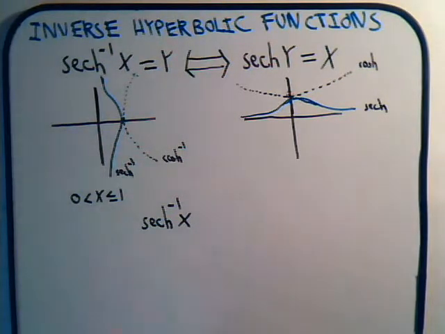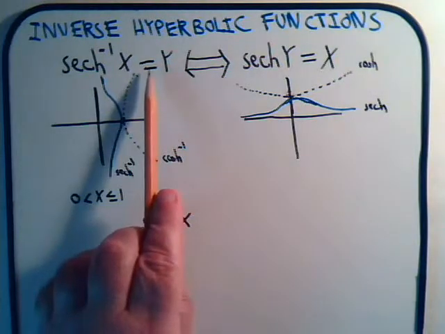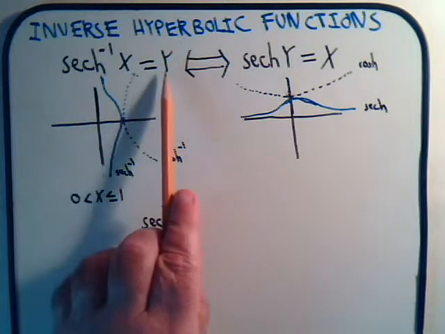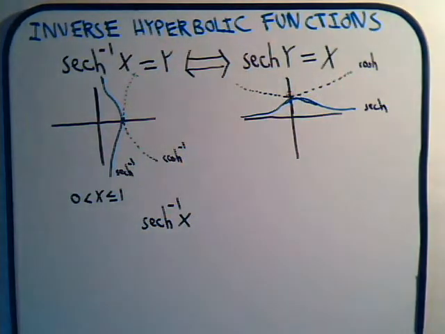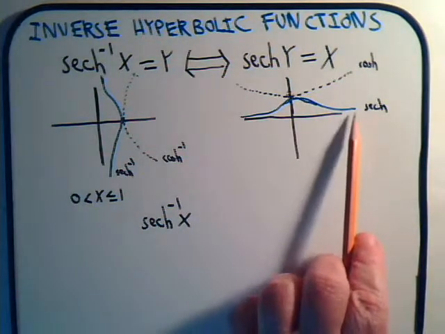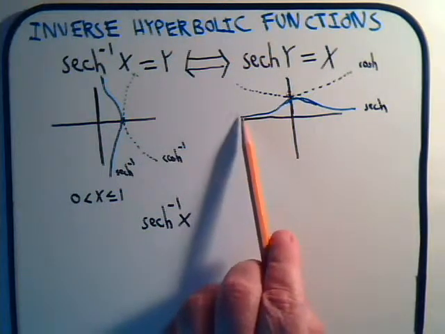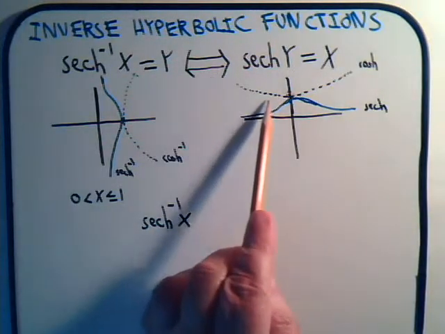And remember, if we say the inverse hyperbolic secant of x equals y, that's the same thing as saying that the hyperbolic secant of y is equal to x. And here we sketched out the hyperbolic secant function. It looks like this. It is the inverse of the hyperbolic cosine function, which looks like a shallow parabola.